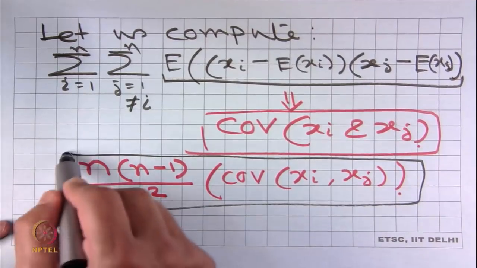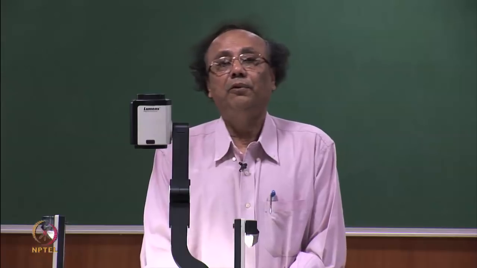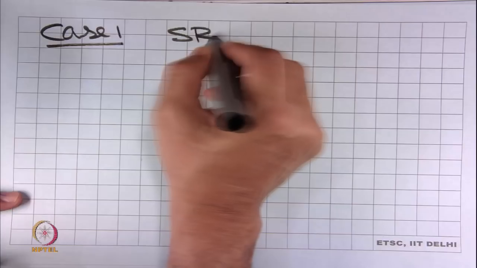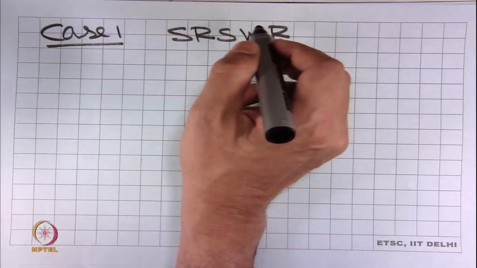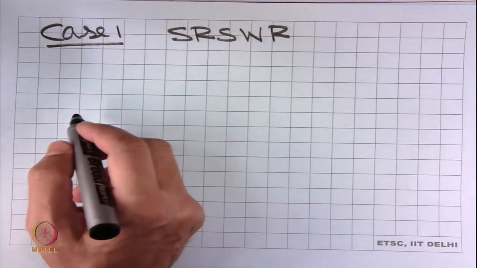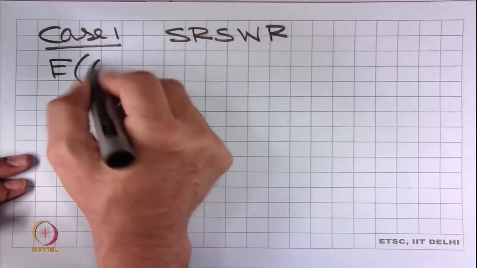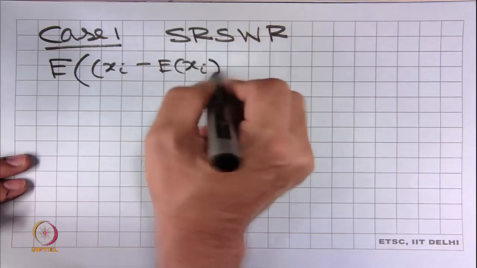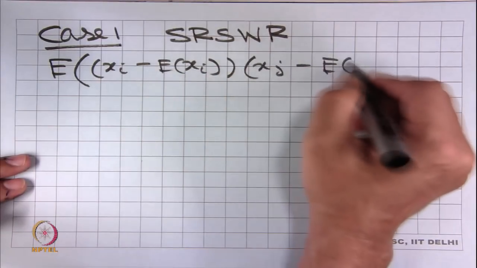Here, there will be a difference between SRSWR and SRSWOR. So, what is the expected value of xi minus expected value of xi into xj minus expected value of xj?